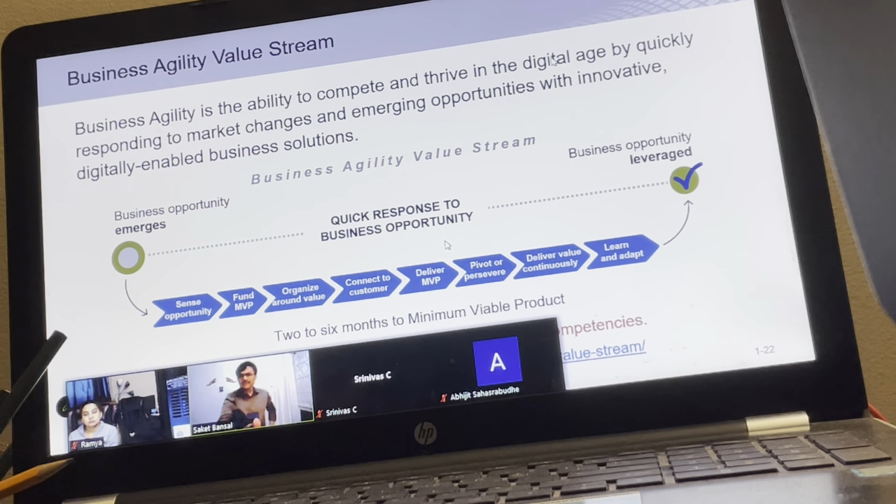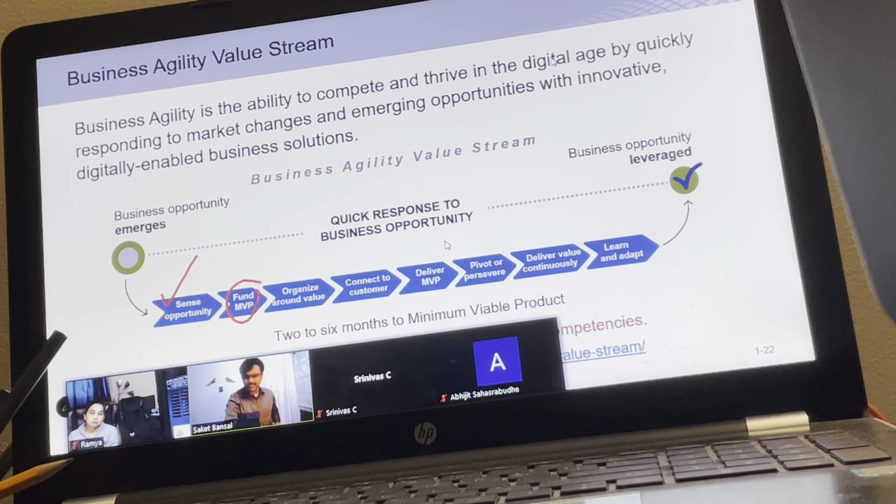Now, what may come in between? It may have multiple steps. These steps are examples only. You may have different steps depending upon the nature of your business. Definitely, you will identify the opportunity first. Then you may need to identify the pilot, or you can say the minimum product or minimum solution, which you really want to do in order to investigate the depth of the opportunity. Sometimes we call it MVP.